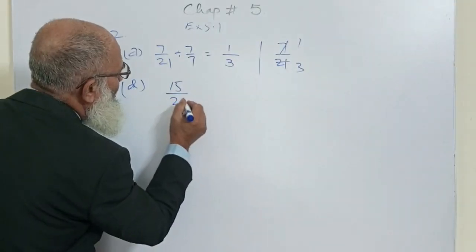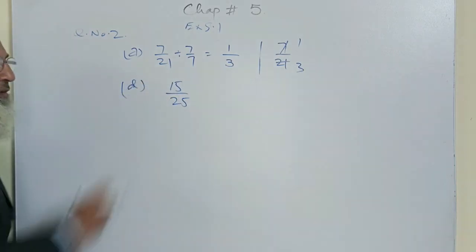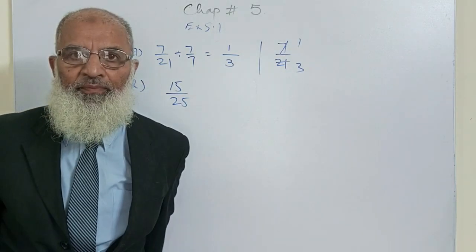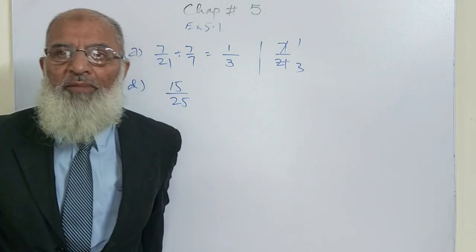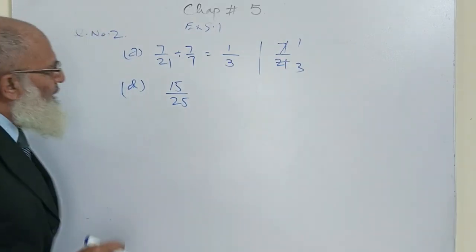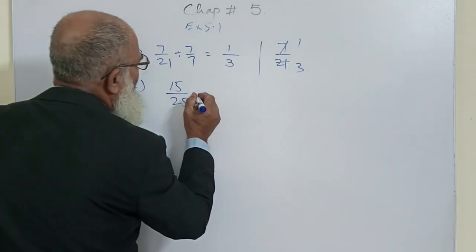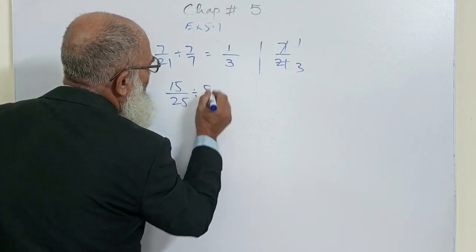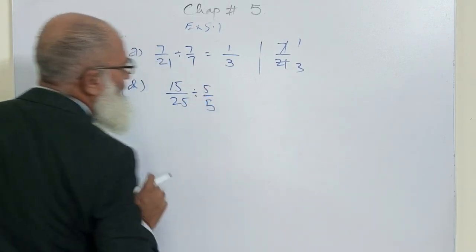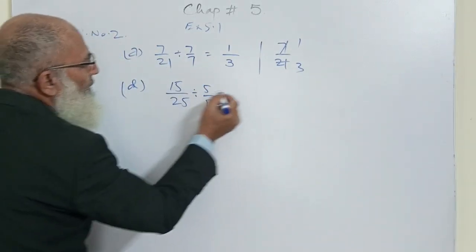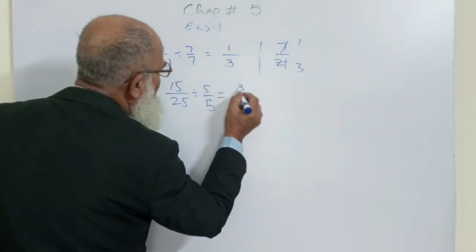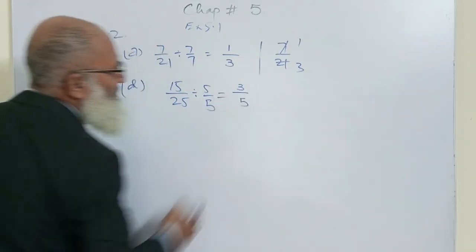15 upon 25. Now you see both of the numbers are divisible by 5. So you can do it with 5. You can do it like this or you can do it like this. So it will become 5 3 times 15 and 5 5 times 25.